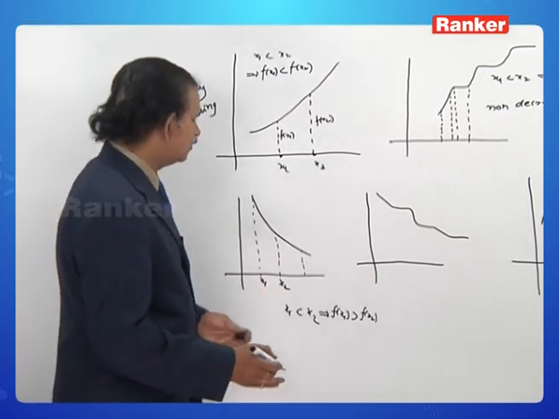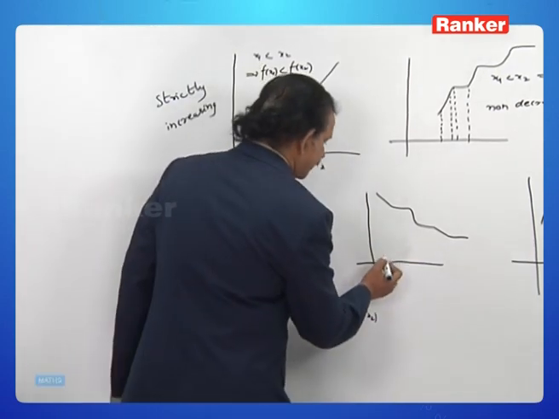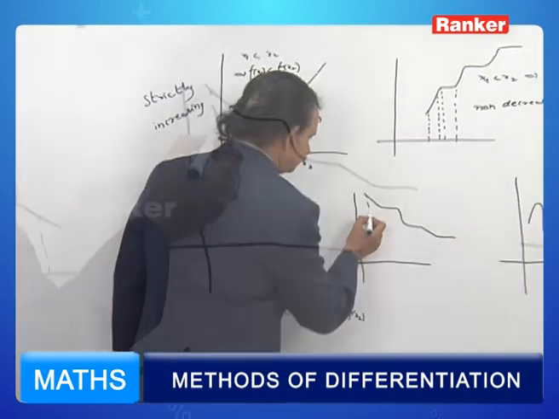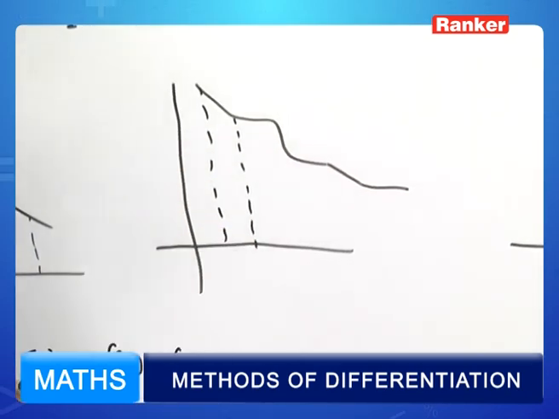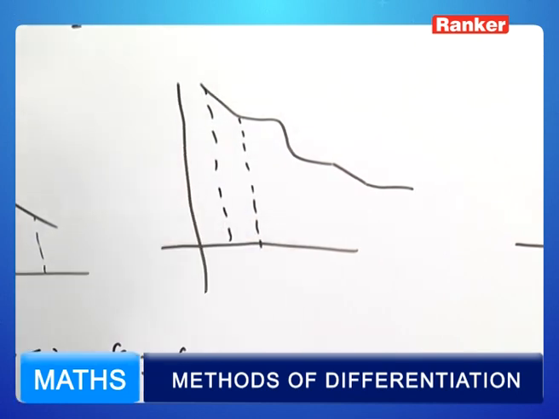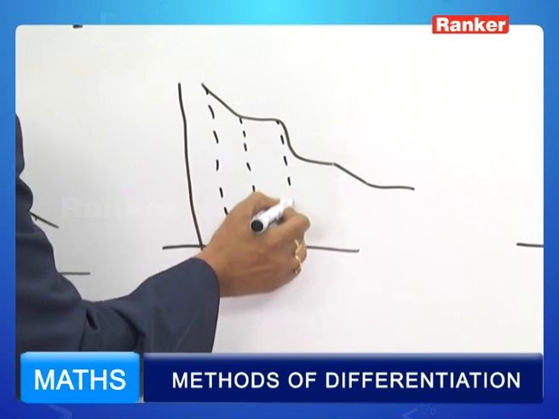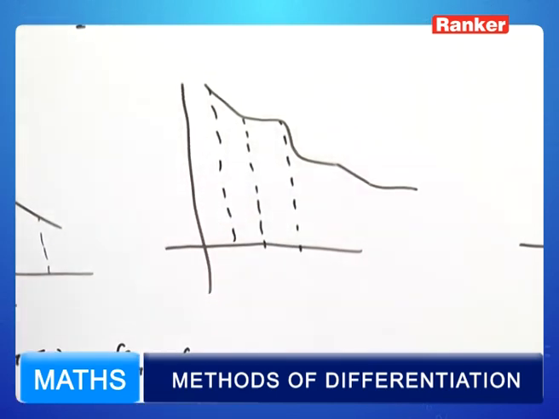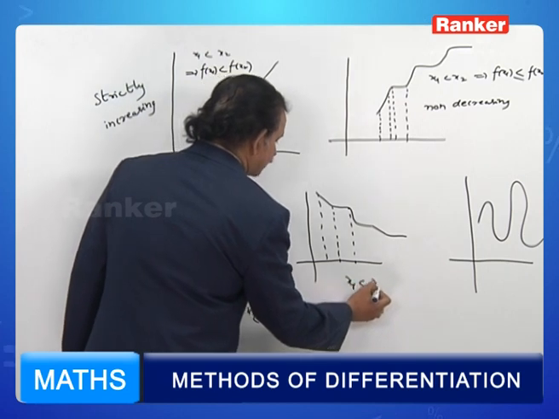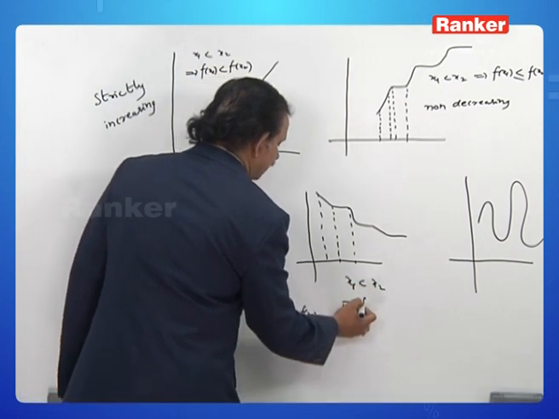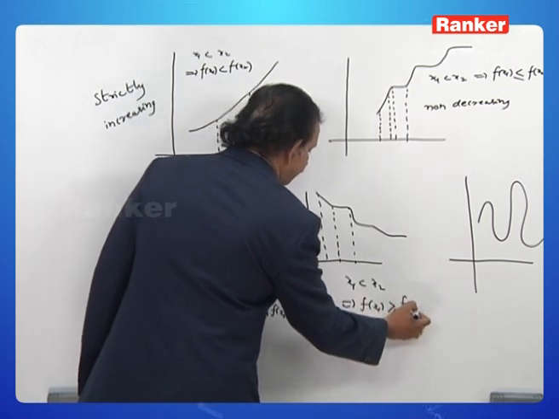What do you say about this? If you take x1 here, x2 here, then f of x1 is greater than f of x2. If you take x1 here and x2 here, then they are equal, isn't it? So, here x1 less than x2 implies f of x1 is greater than or equal to f of x2.